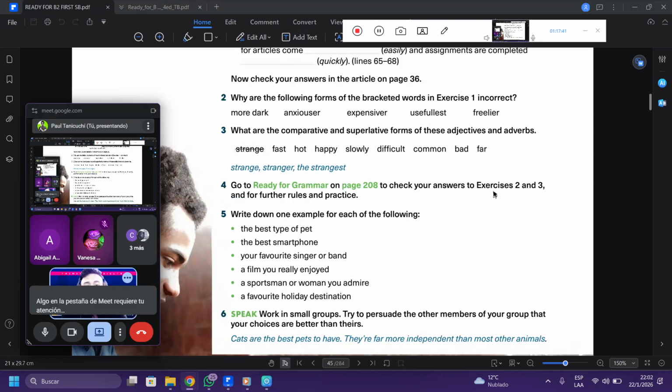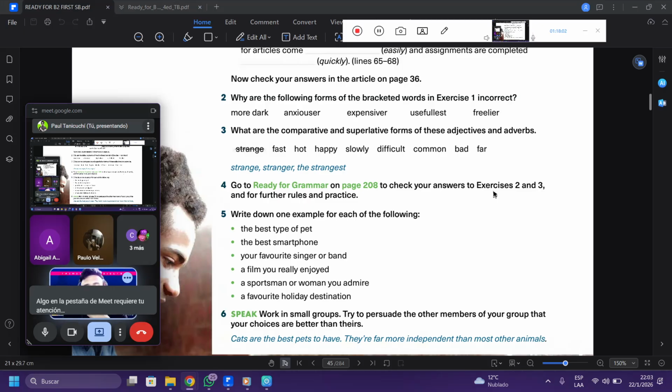Number 3. What are the comparative and the superlative forms of these adjectives and adverbs? The first one has been done as an example for us: strange, stranger, and the strangest. With fast: faster and the fastest.